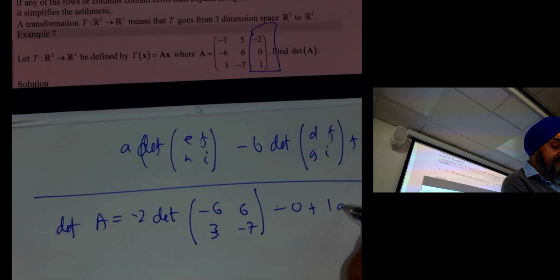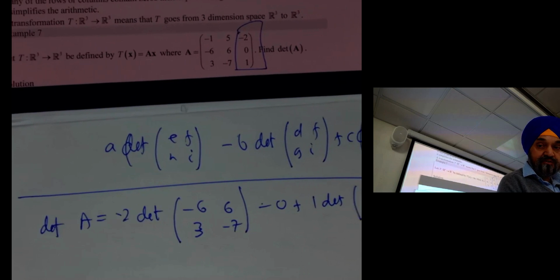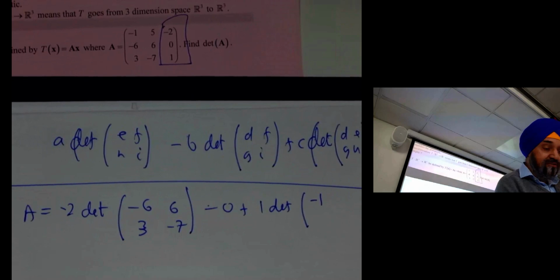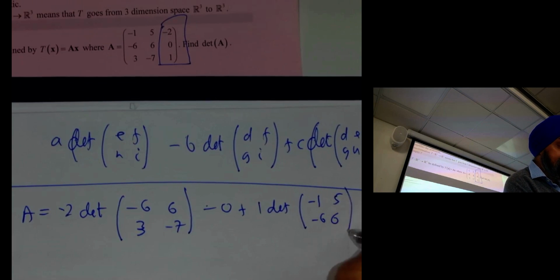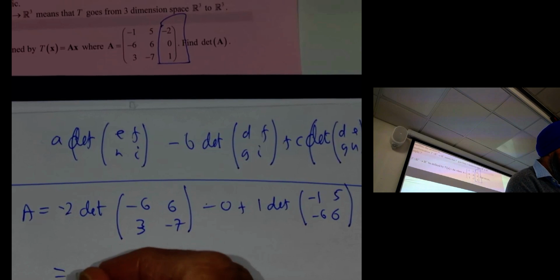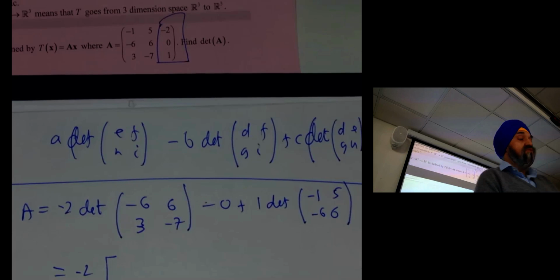What's the last entry? Yeah, plus 1 times the determinant of what? Minus 1, yep. Sorry, you can't see. 5, minus 6. If you work that out, so it's minus 2 times the determinant of a 2 by 2.